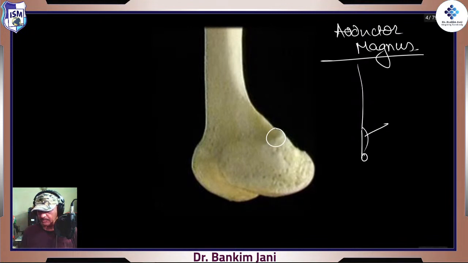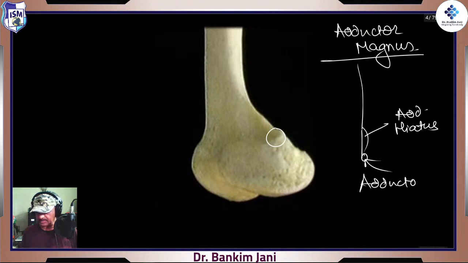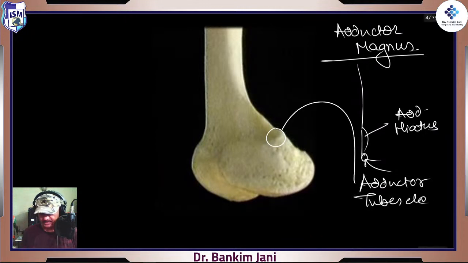This was leading to the formation of what's called the adductor hiatus, through which the vessels were passing from anterior to posterior. So this portion is what is called the adductor tubercle, and it is the adductor tubercle where this second head of adductor magnus would be attached. So friends, here is the adductor tubercle. That's the point where the adductor tubercle is located, the prominence.